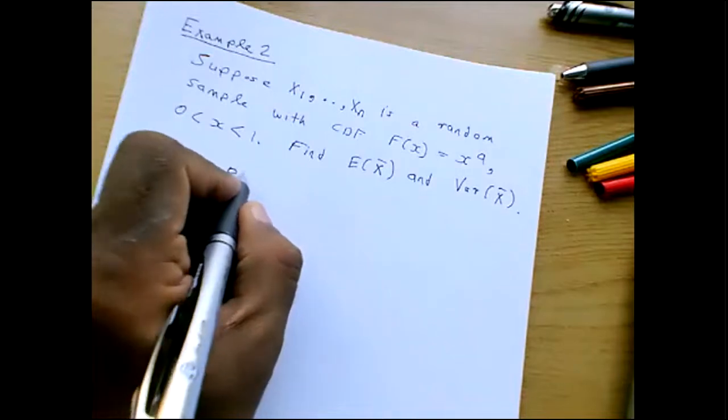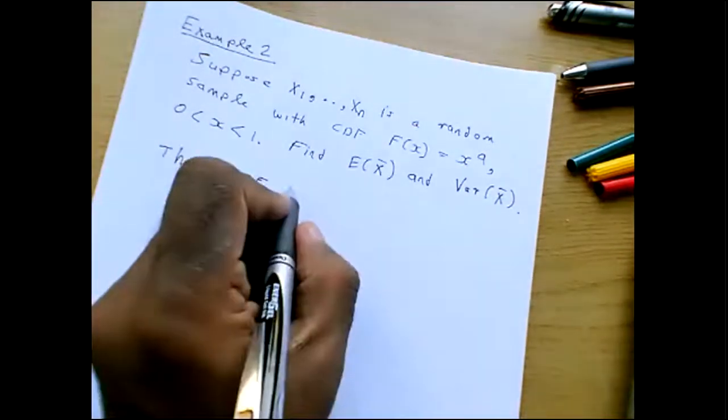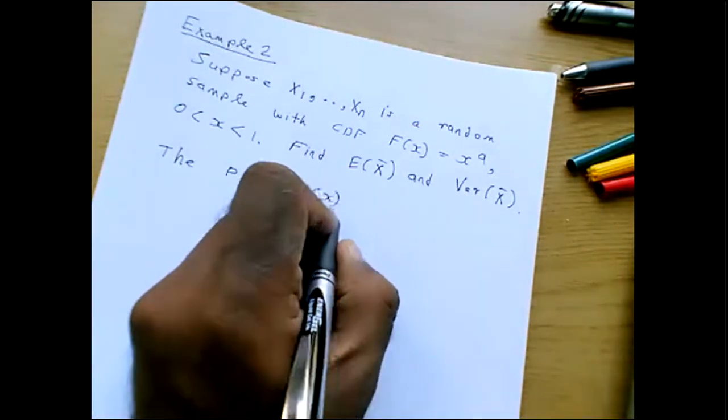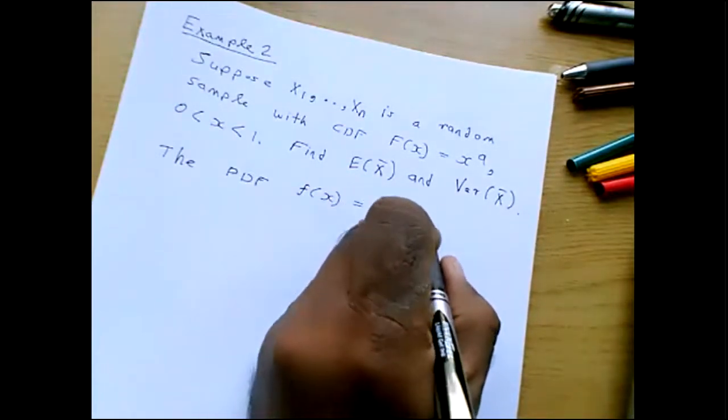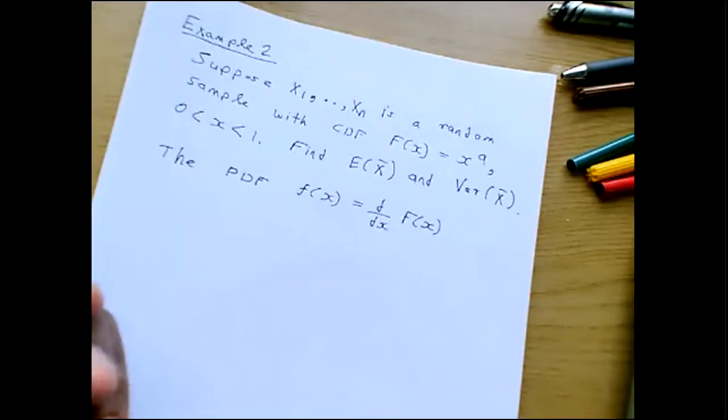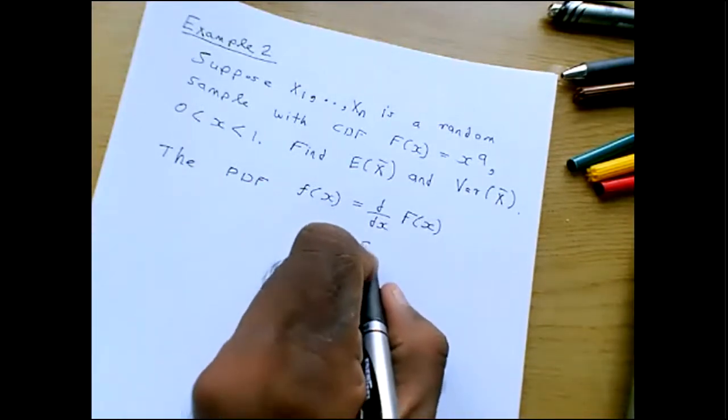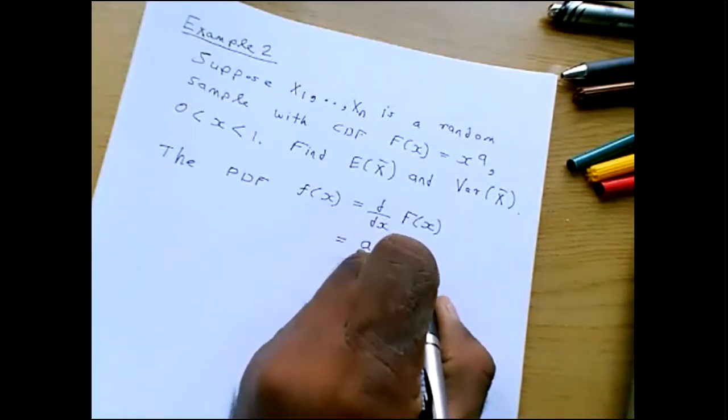What we are given is the CDF, so the PDF is the derivative of the CDF. You know that from probability 1. So this is a times x to the power a minus 1.